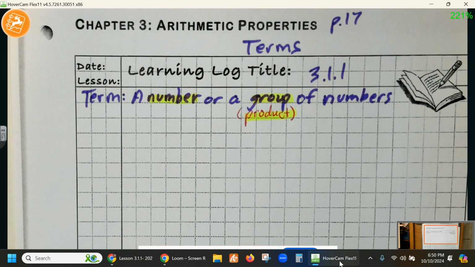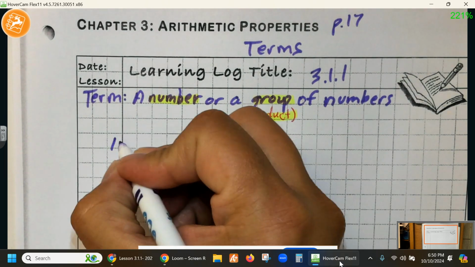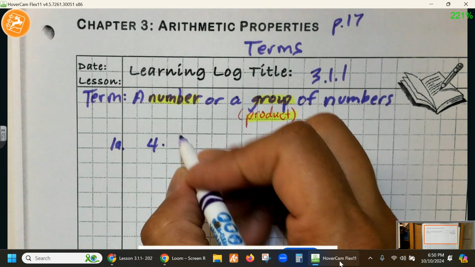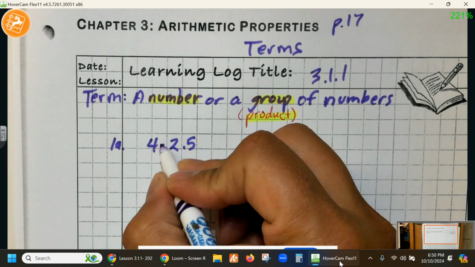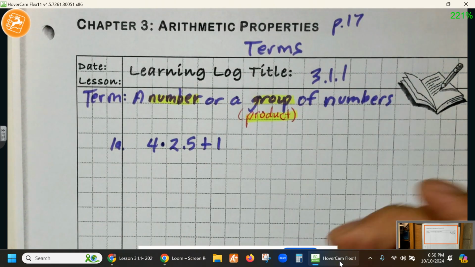So we're starting with the expression. This is problem 1a. We have 4 times 2.5, this is a multiplication, plus 1.